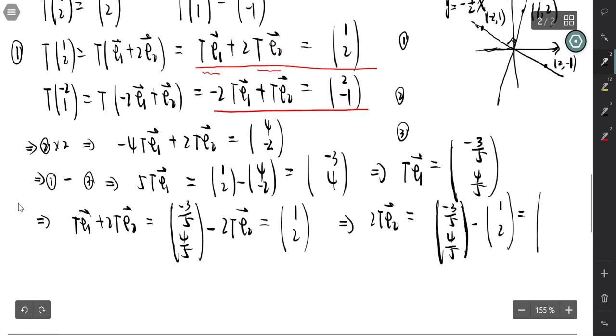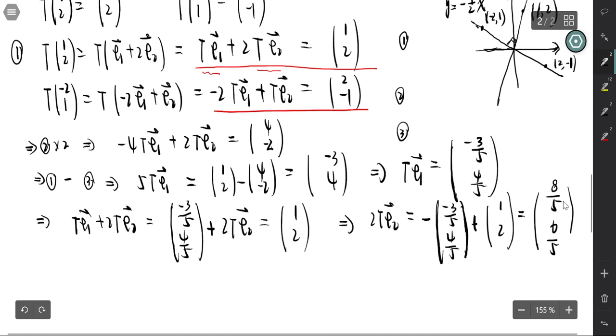That is (8/5, 6/5). Sorry, it's minus, this one minus this one.